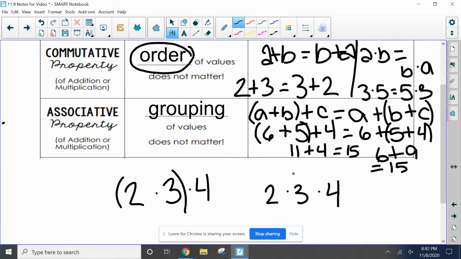If not, there should be a little bit of room on the side of the paper. All right, so we have 2 times 3 times 4 with 2 and 3 grouped together, and then 2 times 3 times 4 with 3 and 4 grouped together.